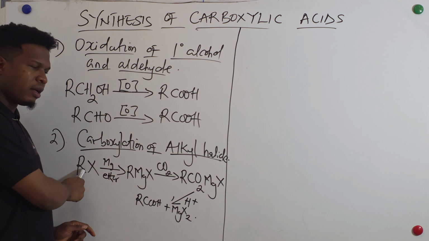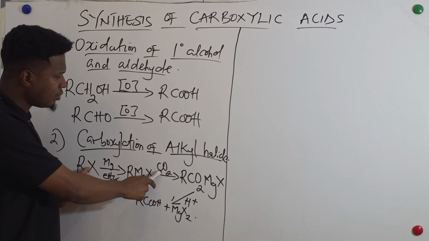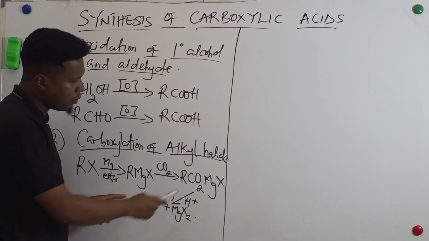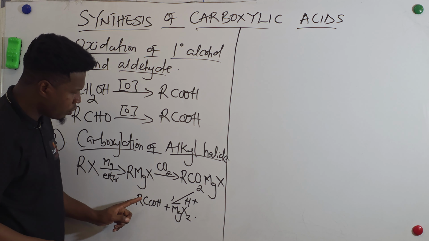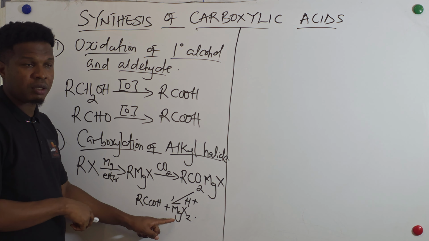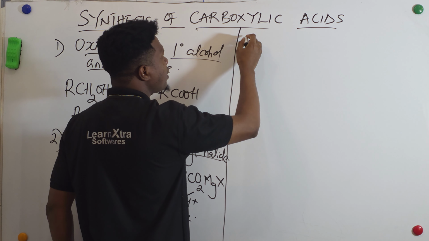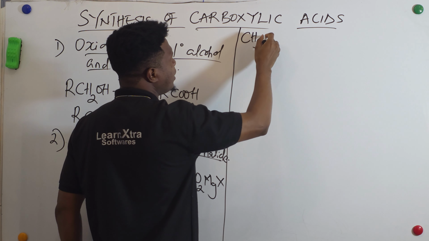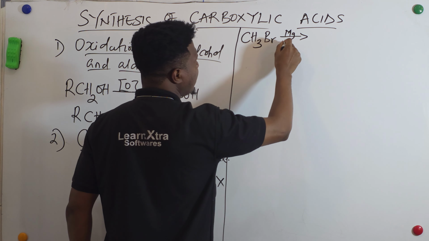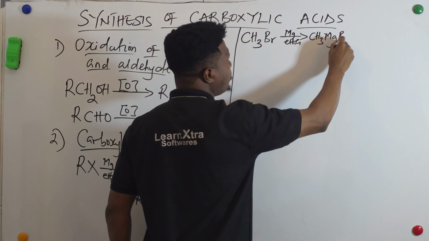The reaction starts here. The alkyl halide reacts with magnesium to form the Grignard reagent. The Grignard reagent undergoes carboxylation with carbon dioxide to give us this group. Then this group further reacts with an acid to give us the carboxylic acid, and the byproduct is not important here. An example: if I start with CH3Br and treat it with magnesium in ether, we have the Grignard CH3MgBr.